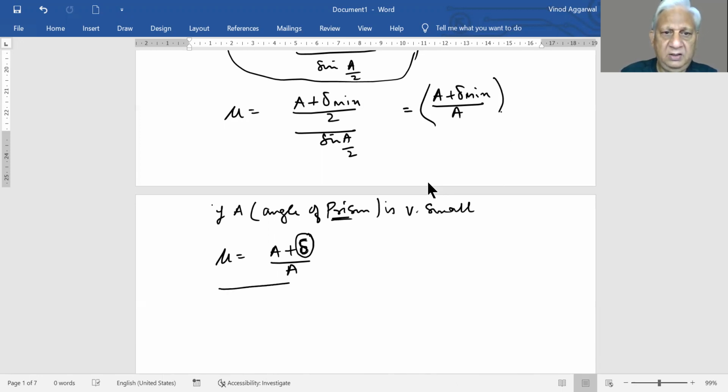So we can safely write this equation, or if we write it in terms of delta, delta is mu A minus A, which is equal to A into mu minus 1.